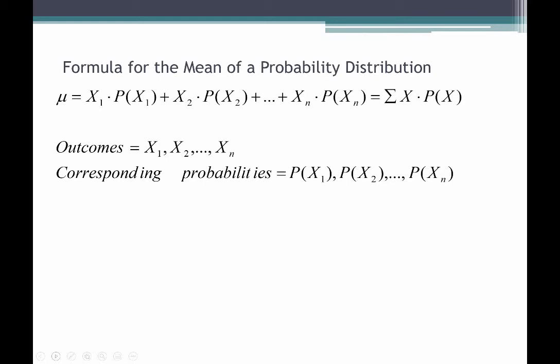If you take a minute to interpret it, the capital X's are just our outcomes, so in this case, how many heads we had. And the capital P with the parentheses, we're used to that probability notation from last chapter. That's just the probability that outcome happens. So that formula will be on your sheet. The step-by-step will not be. So if it's something that you want to practice with, have that formula out when you do your practice.